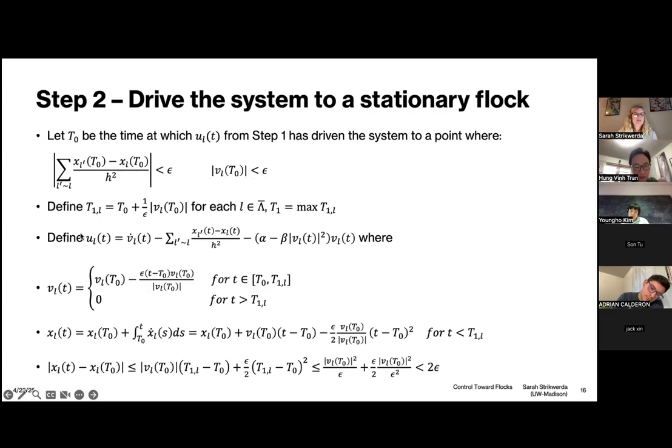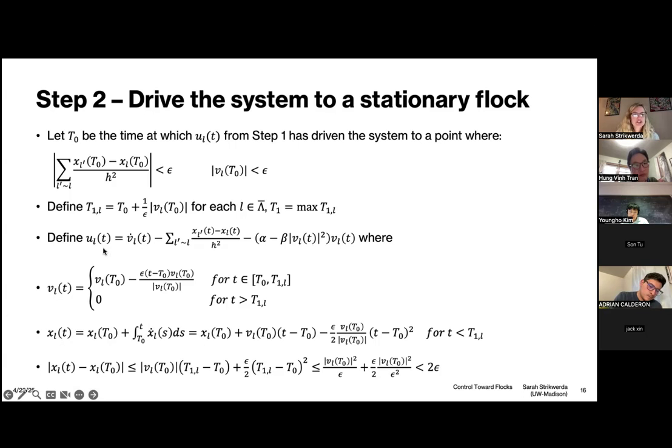And so we can define this t1L to be equal to t naught plus 1 over epsilon VL of t naught for each of these L's, and the T1 is going to be the max of all of these T1Ls. So we have a different time for each of the nodes, and then we can take the max of them. And so at the end of T1, we hope to be done with step 2.